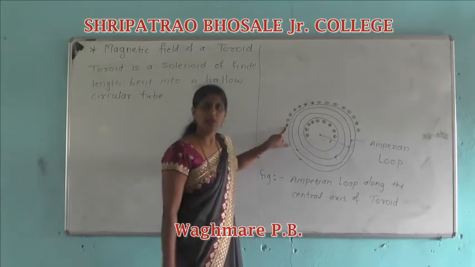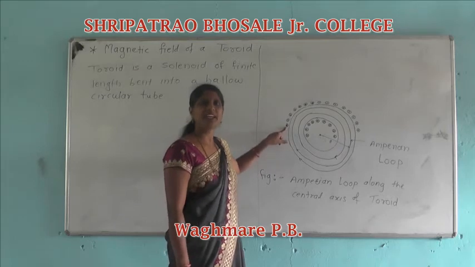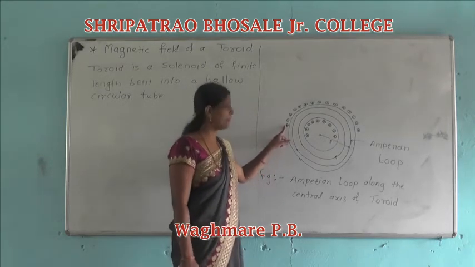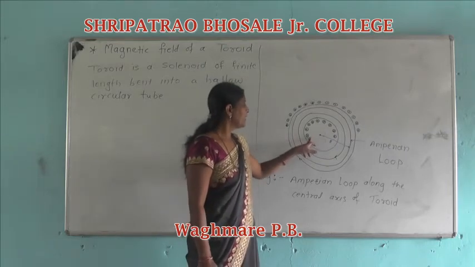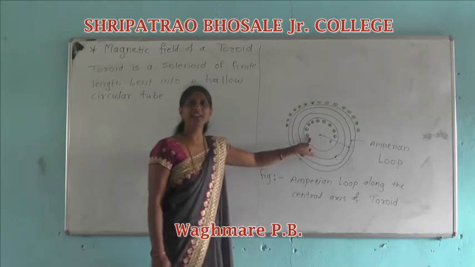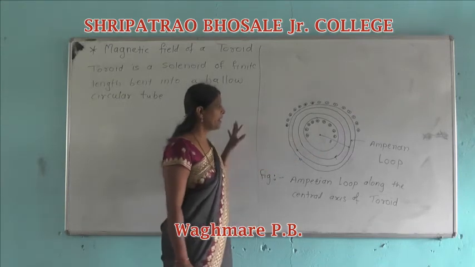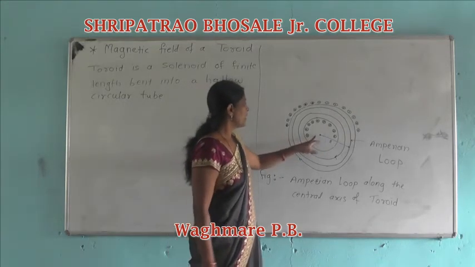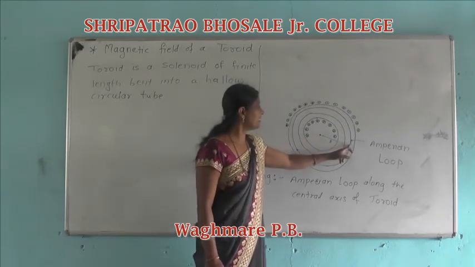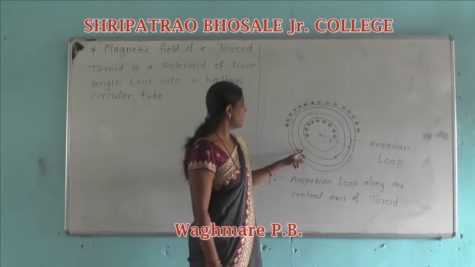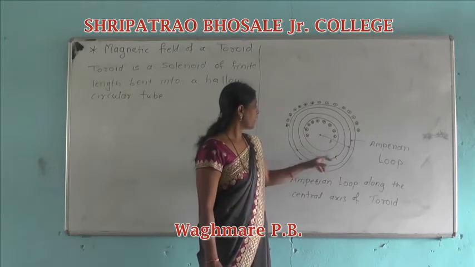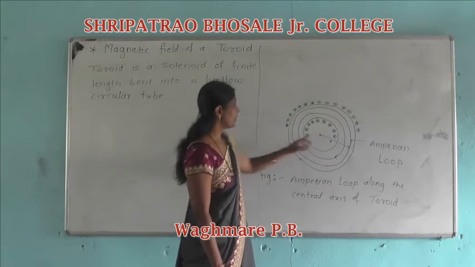This dot symbol indicates that the current is coming out of the plane of the paper, and this cross symbol indicates that the current is going into the plane of the paper. Here, an Ampere loop is considered. The direction of this Ampere loop is clockwise.